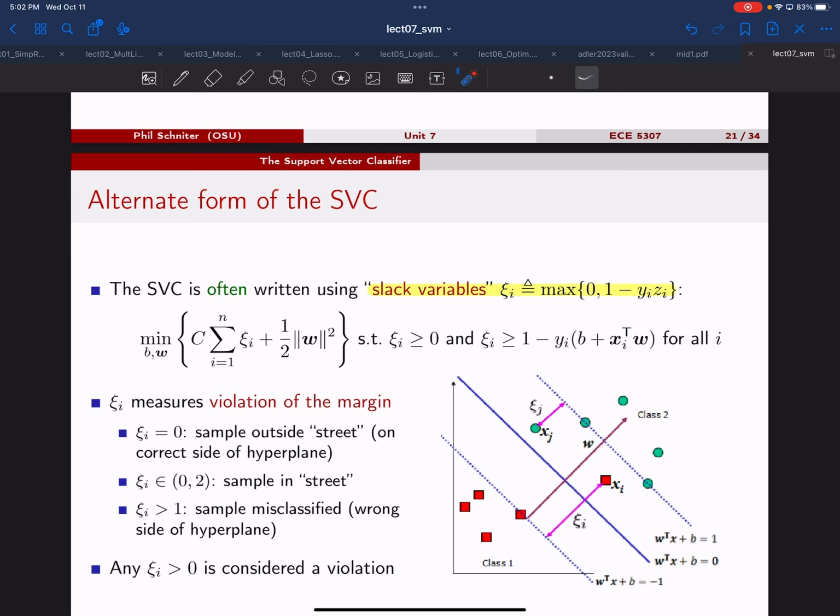Okay. There is an interpretation, though, of these slack variables. They essentially are measuring how much the margin is violated. So if the slack variable is 0, that means there is no violation. It basically means that the sample is either outside the street or right on the edge of the street. So, for example, if we're talking about these blue samples here, all of these would have a slack variable of 0, but this would have a slack variable equal to this distance from here to here.